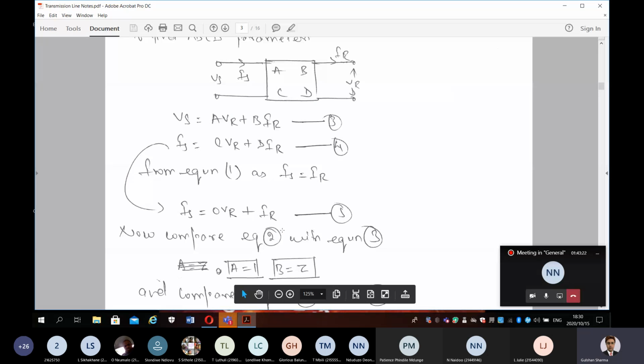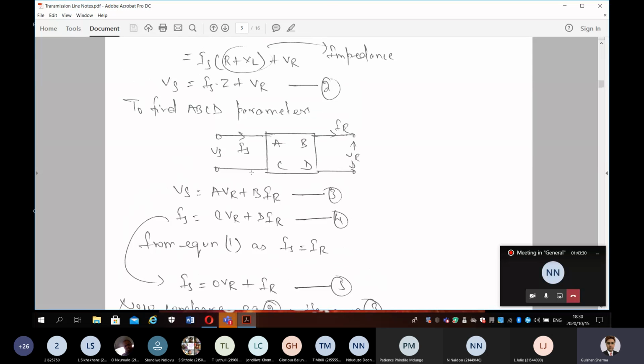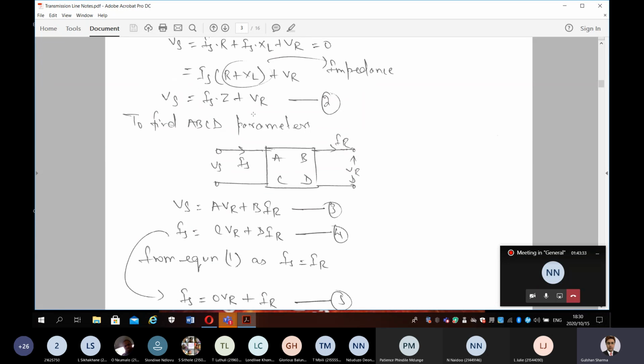Now, you see that we have the equation Vs equals AVR plus BIR. Now, we will compare this equation with this voltage equation, where I can write Vs equals Is into Z plus Vr. So now guys, if I want to find the values of A and B, compare this equation with this equation.